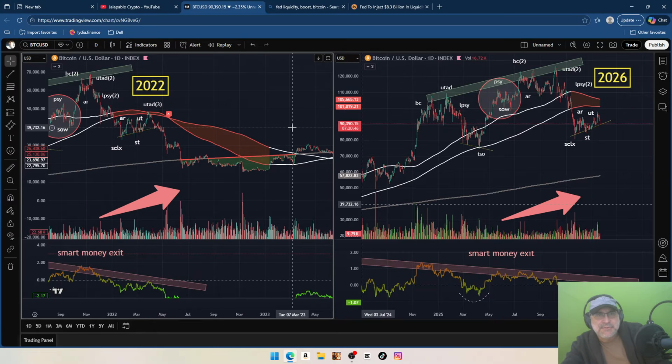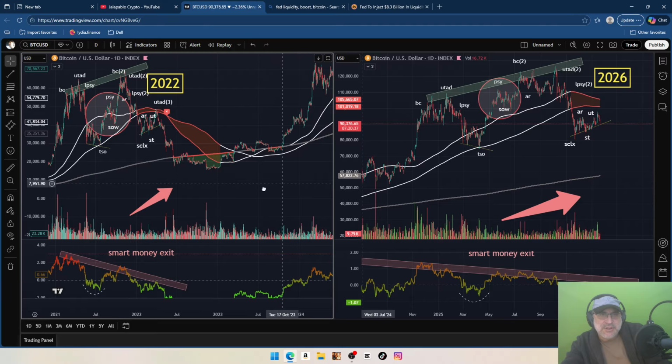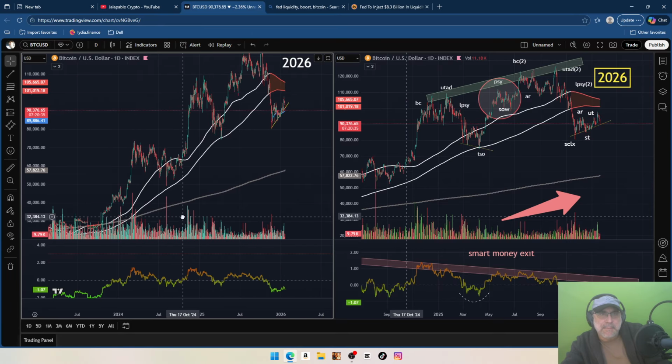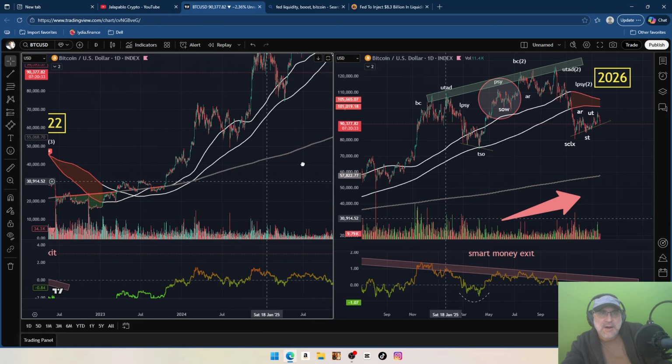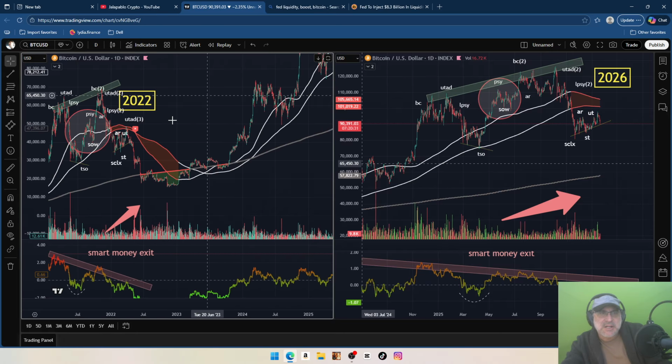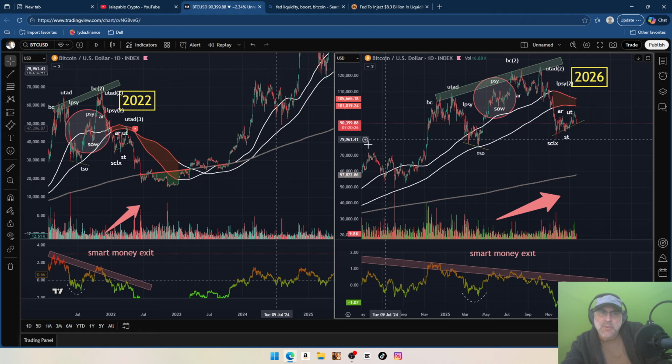And then it came back up through the dome, and the moving averages, the 200 and the 400, went back to default white, and then we entered into the next macro bull run. Okay, but every time it's gone under, it's not come back up until it's touched the 200 weekly. And so what does that mean for us?